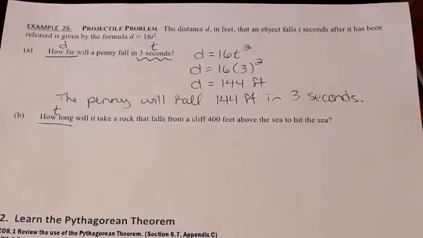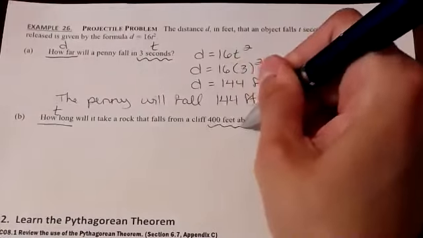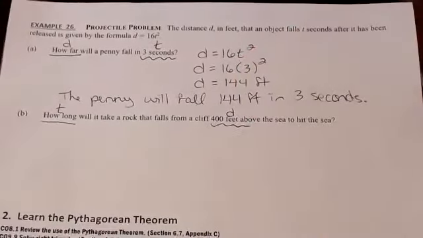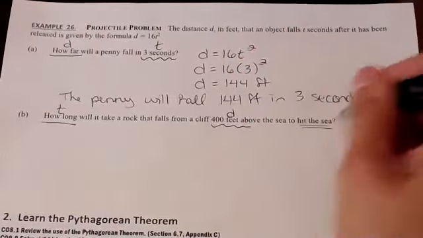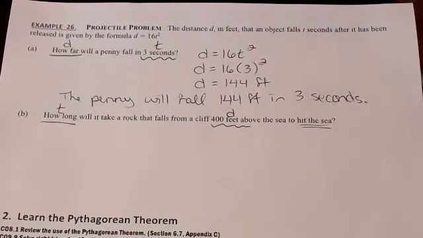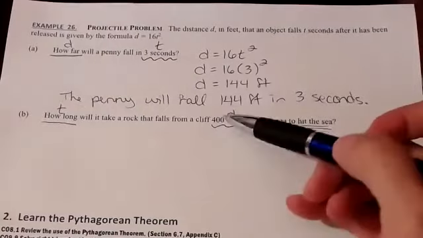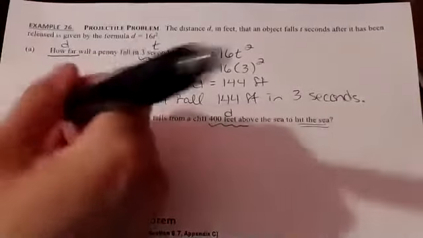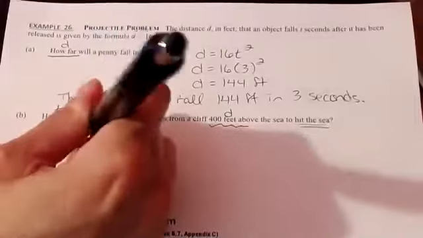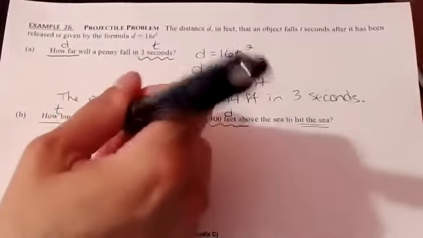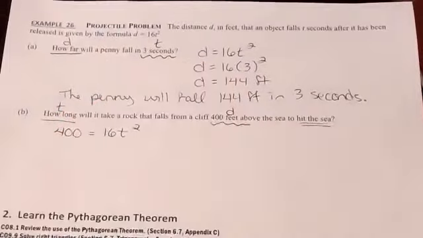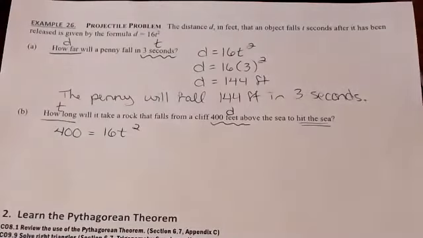So how long will it take a rock that falls from a cliff 400 feet above the sea to hit the sea? So we're told the distance. Okay, that's interesting. We use the same exact formula. We were given the distance, which is 400. What we don't know is how long it'll take to hit the sea.